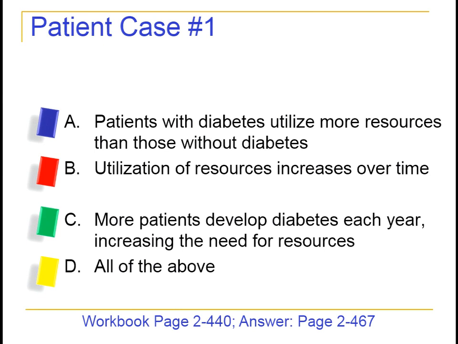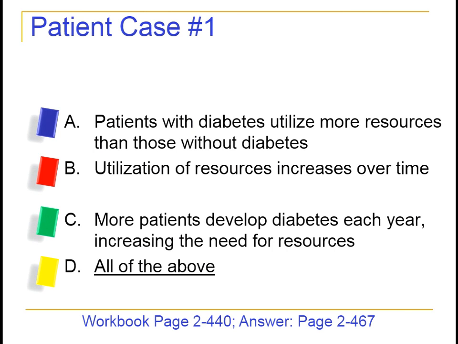What kind of economic aspects? Do they utilize more resources? Does their utilization increase over time? Do more patients develop diabetes each year, increasing the need for resources, or all of the above? And all of the above are correct.